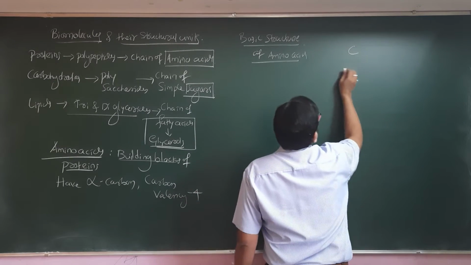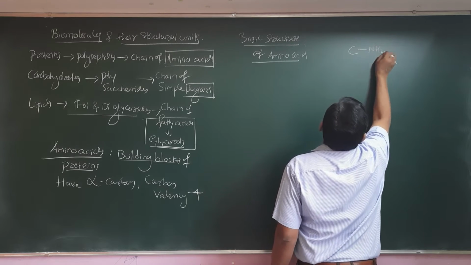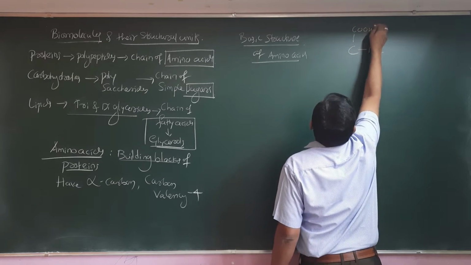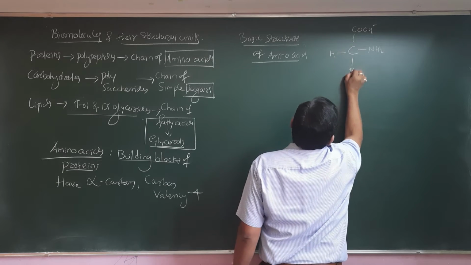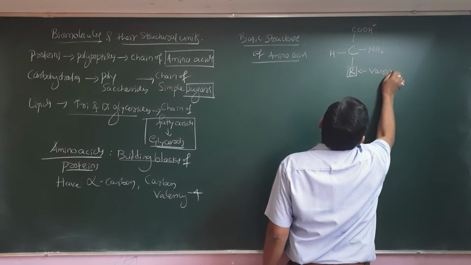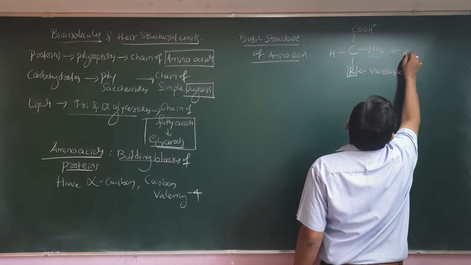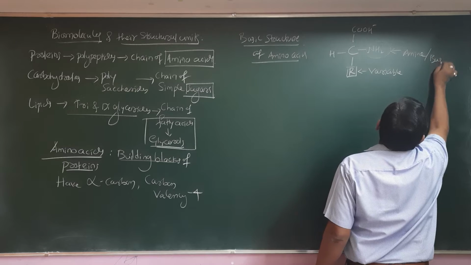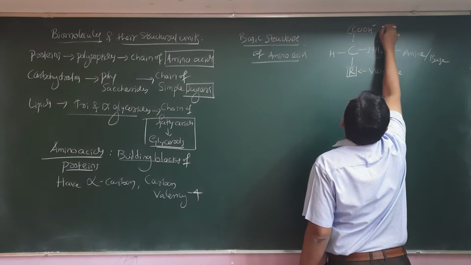The 4 positions are occupied by NH2, then COOH, and here is the hydrogen, and here is the R. This R is called the variable group. This is the amine group, also called the base. And this is the carboxyl group.